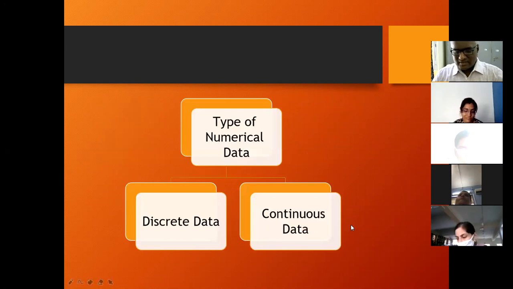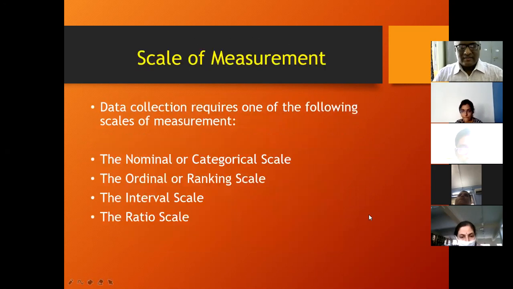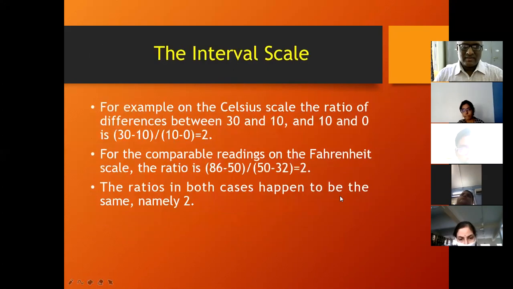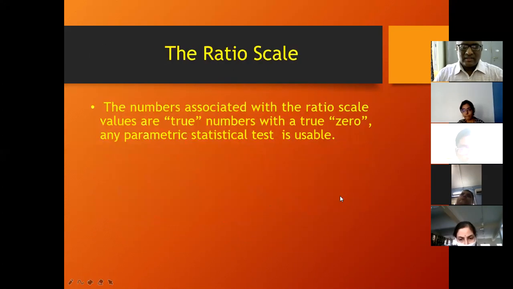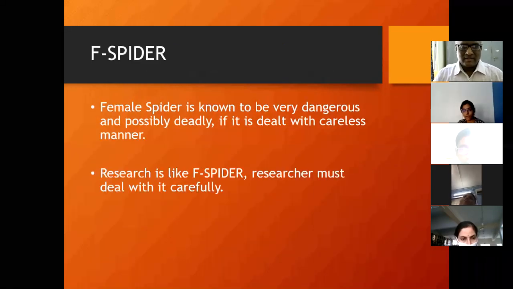Discrete data and continuous data come under numerical data, and then time series data and cross-sectional data. And we went on to measurement scales, used for collection of data. We have understood the four scales. So now we know the different types of scale and the different types of data.